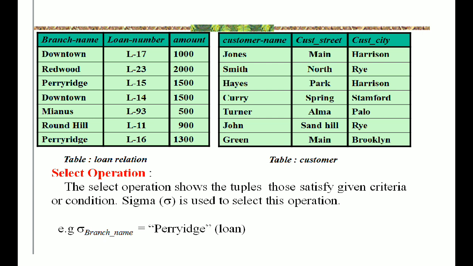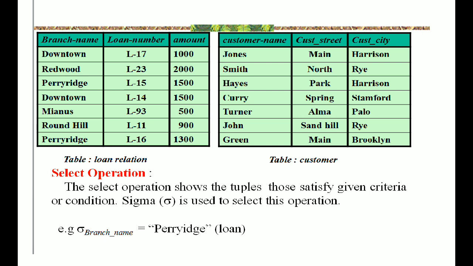And which relation we are going to use, that is the loan relation here. If we have more than one table and we want to extract data from a particular table, then that table has to be written on the right side of the equal sign. So this is the select operation.